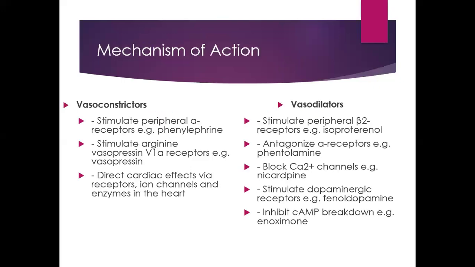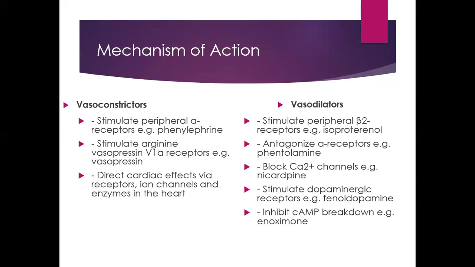So vasoconstrictors, how do they act? They stimulate the peripheral alpha adrenergic receptors. Phenylephrine is the number one example here because phenylephrine is a pure alpha 1 adrenergic receptor agonist.